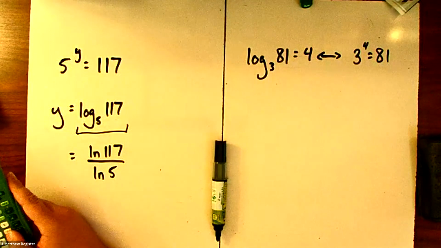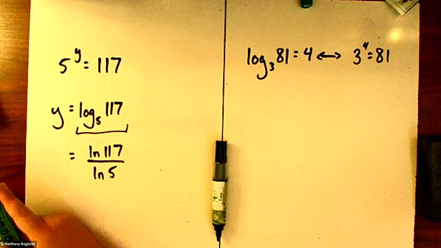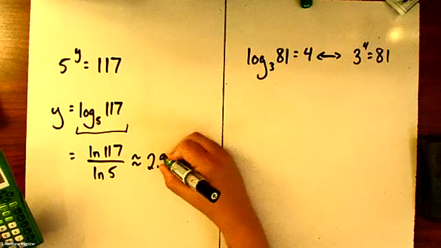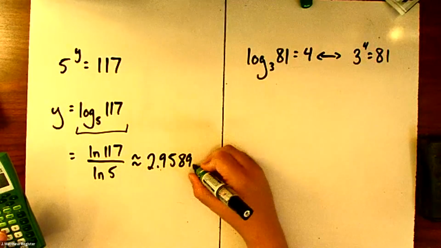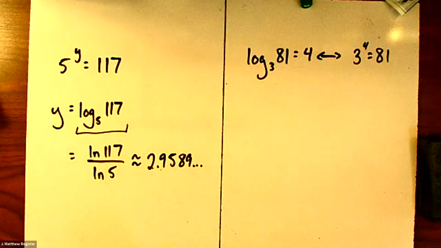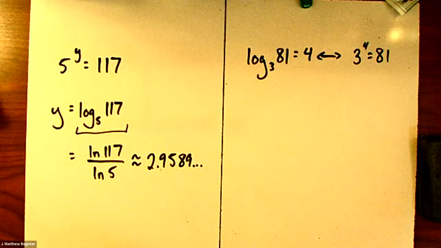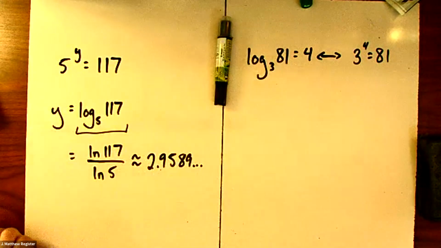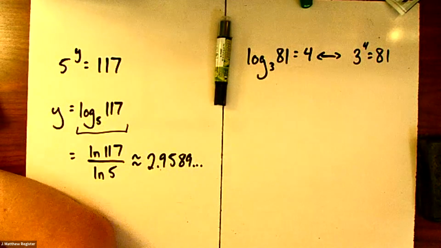Natural log of 117 over natural log of 5 should be close to 3. And I get that this is roughly 2.9589. But it does go on and on forever and ever, and it never repeats. It's an irrational number. And so that's the benefit of the logarithmic notation. It gives us a way of actually calculating out this y value.